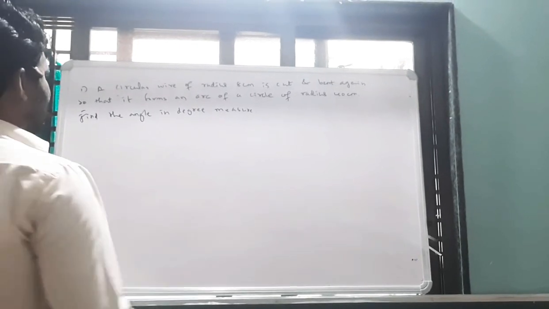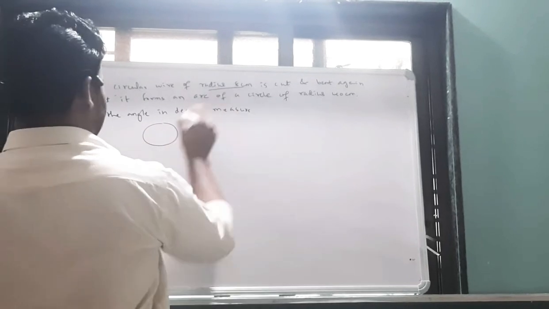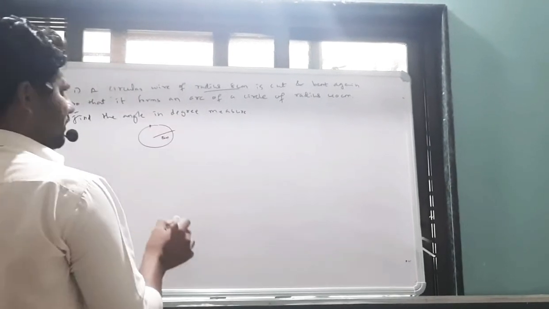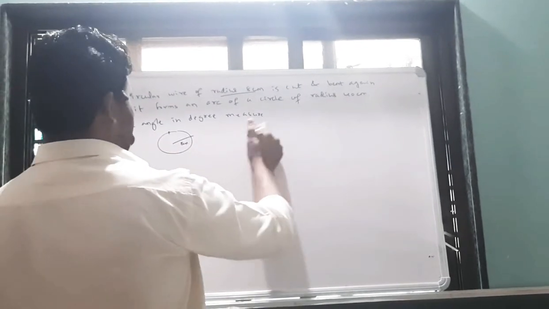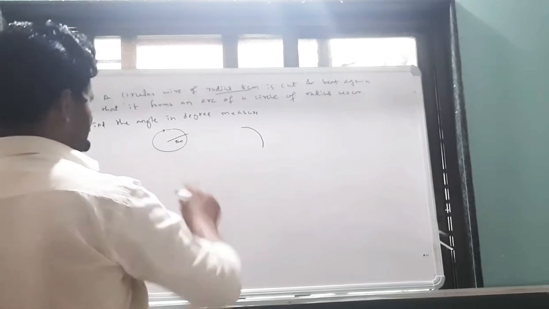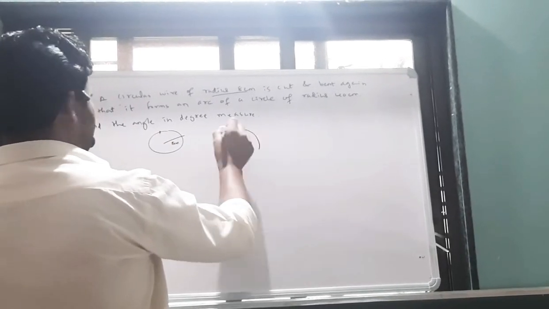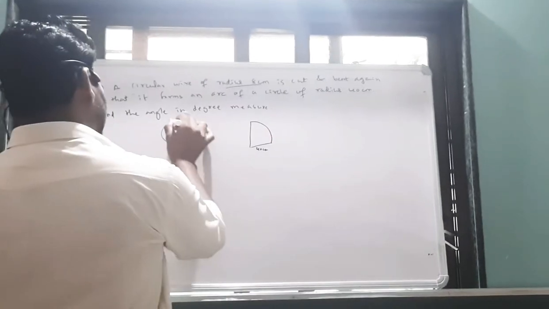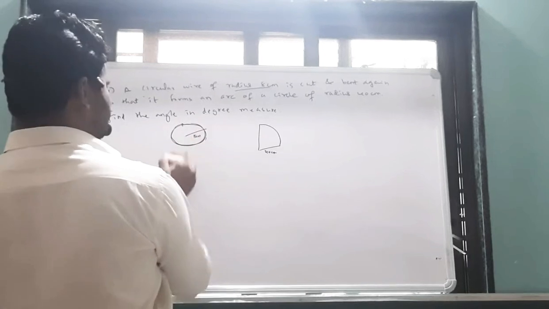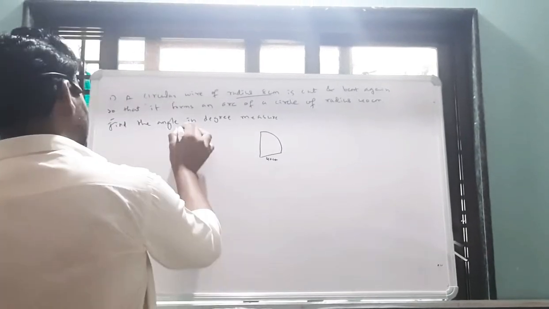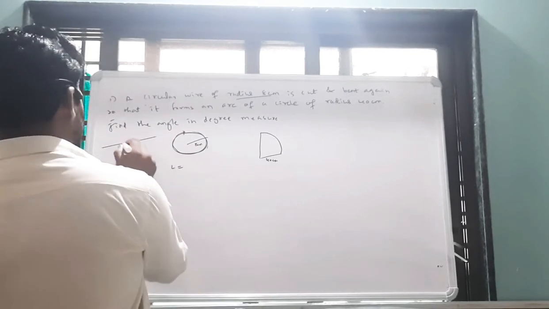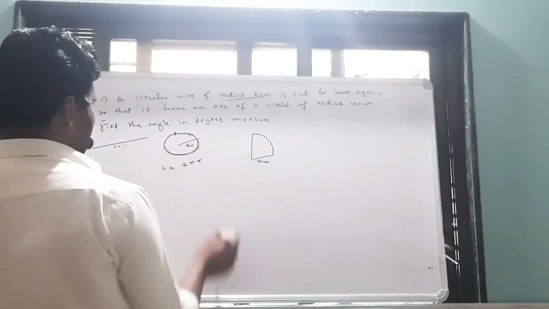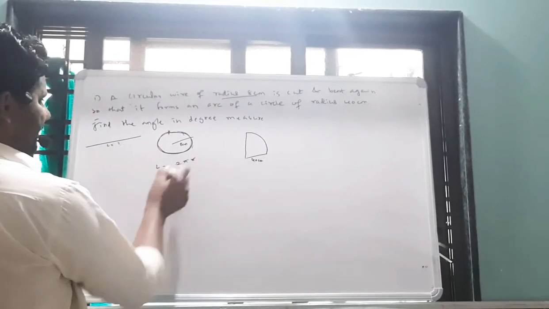So the circular wire of radius 8 centimeter is cut and bent in the form of an arc of a circle of radius 40 centimeter. The length of the arc is the length of this wire, which is equal to the circumference of the circle, 2 pi r.